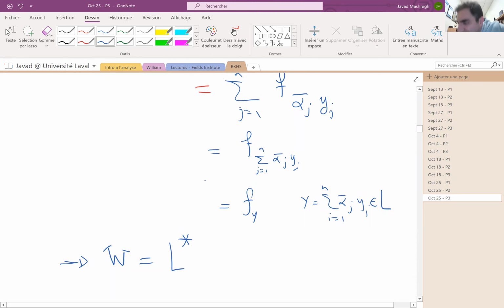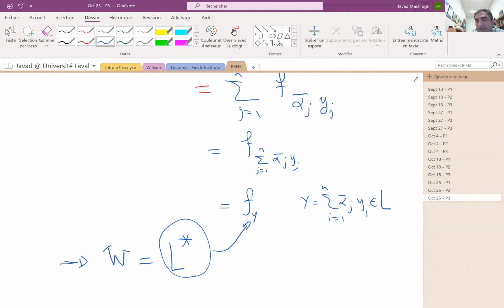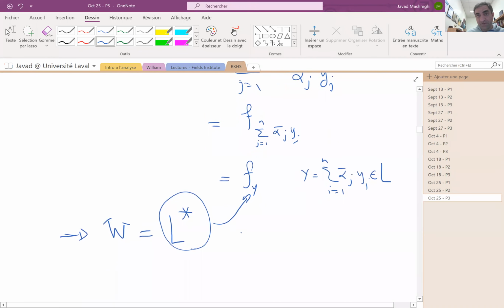And indeed, without explicitly saying that, I use the Riesz theorem, because the Riesz theorem says that any element of L star is of this form. For any element of L star, there is a y such that the linear functional is of the form f_y. So rather implicitly, the Riesz theorem is used here, but at the end, we see that W is equal to L star.